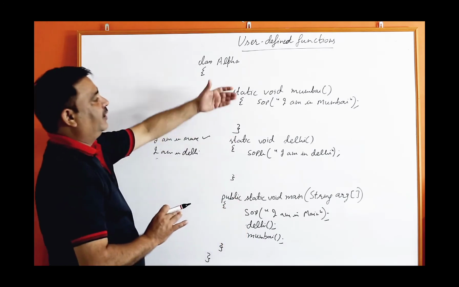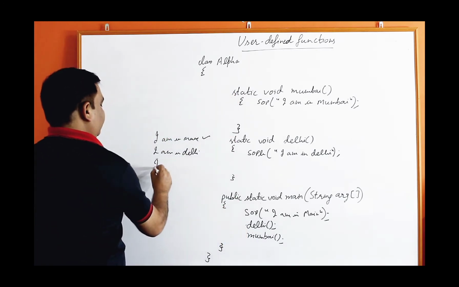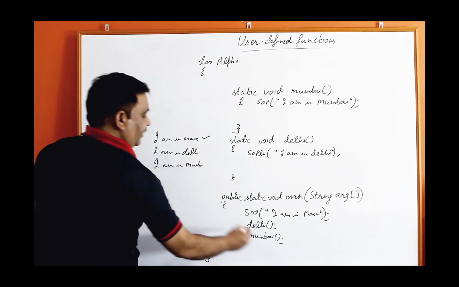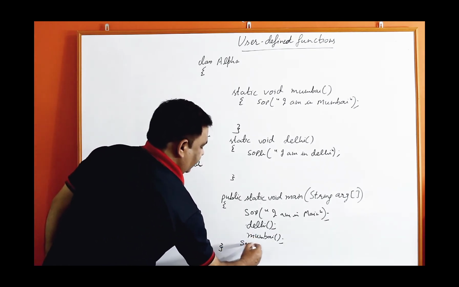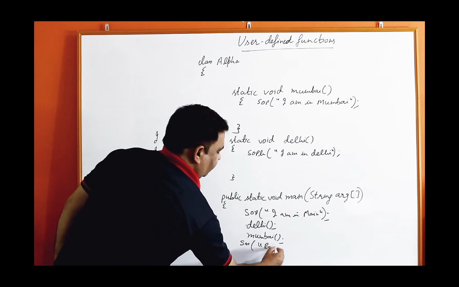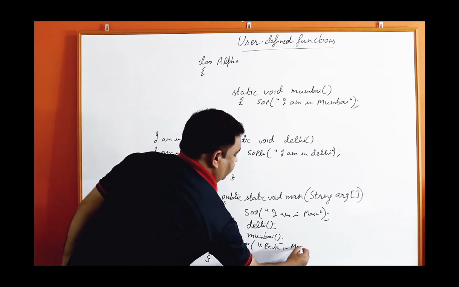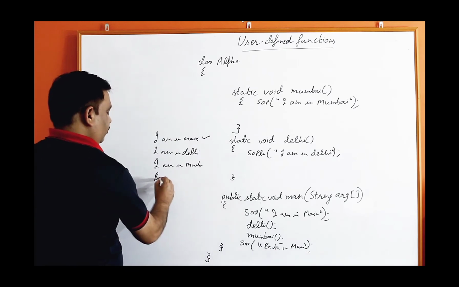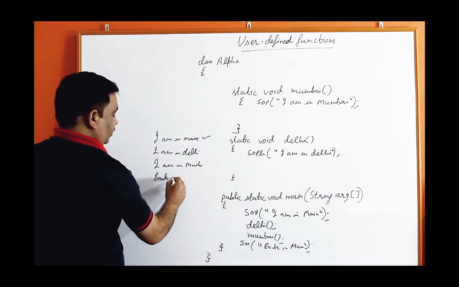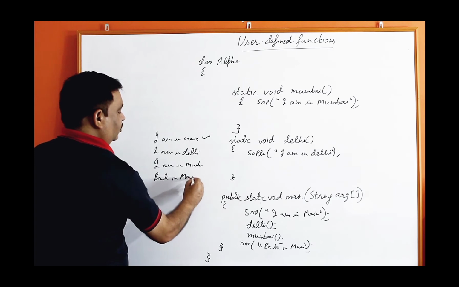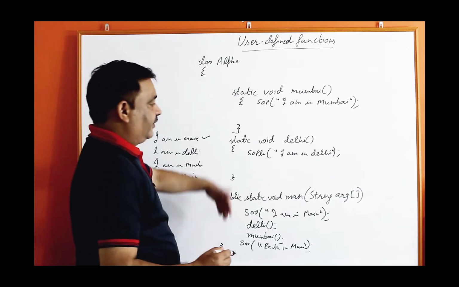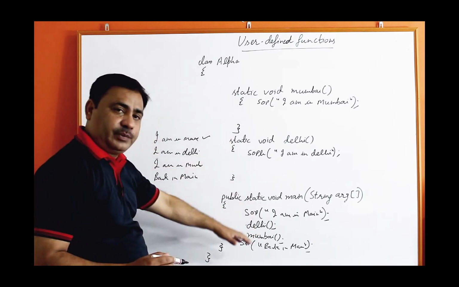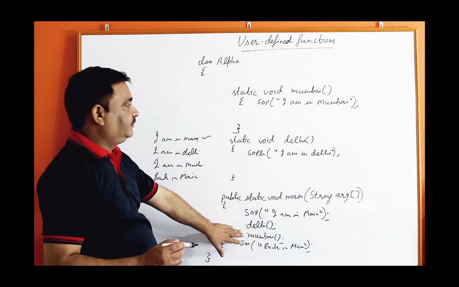Finally you can write back in main. This is the statement which I am writing just to make you understand. This will be the output, the order of execution of the functions and also the backtracking. After executing the function, control comes back to the calling function.